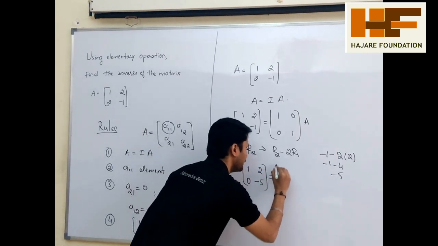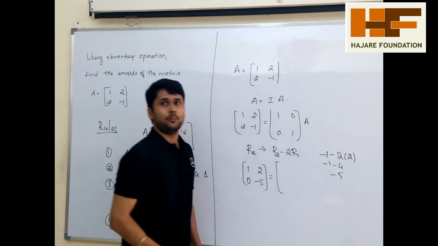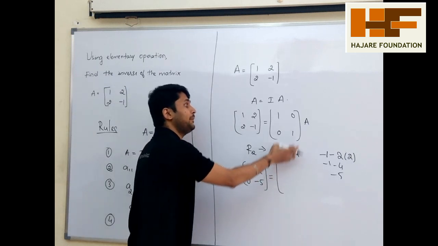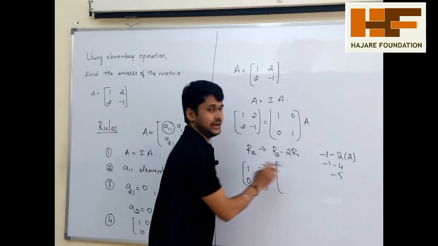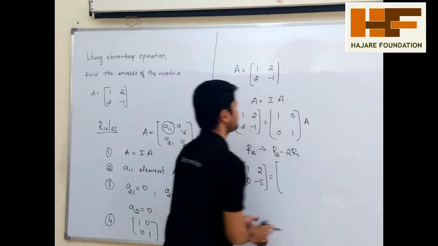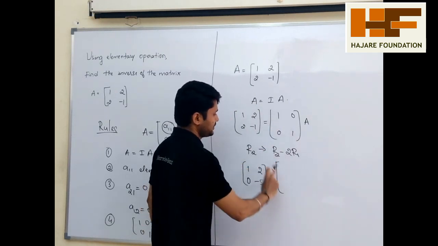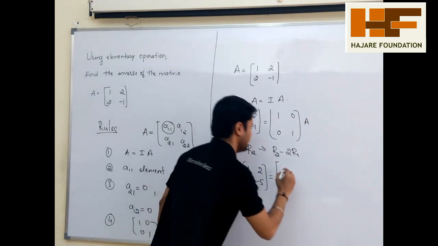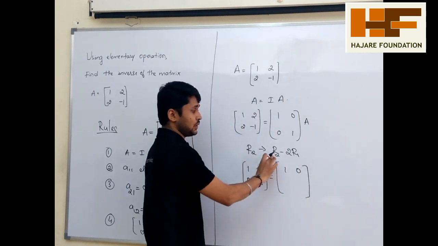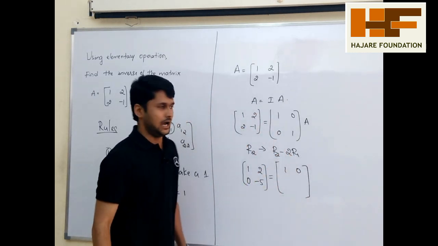Whatever operation we have done on the LHS side, the same operation we have to do on the RHS. The first row, write down as it is: 1, 0. What is the second row? The second row changes to R2 minus 2 times R1.